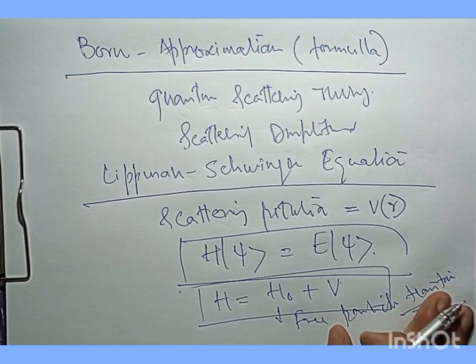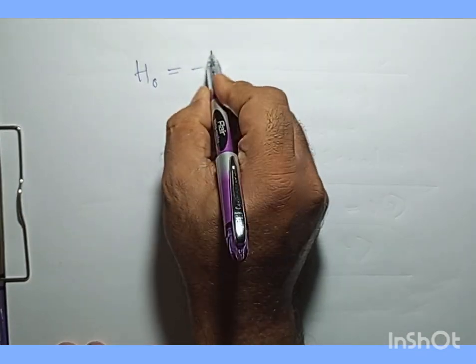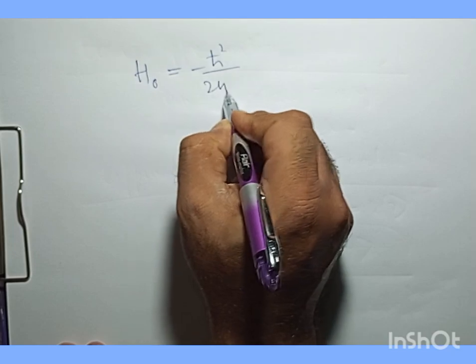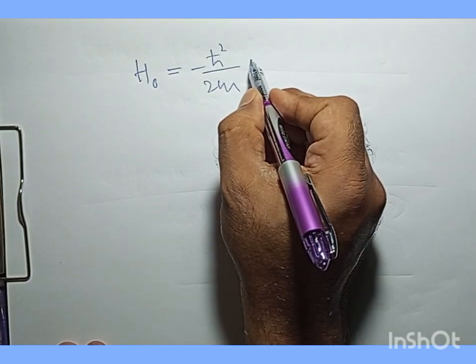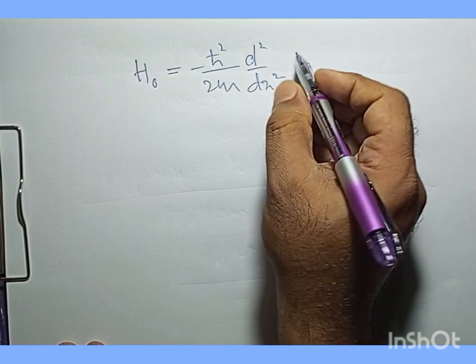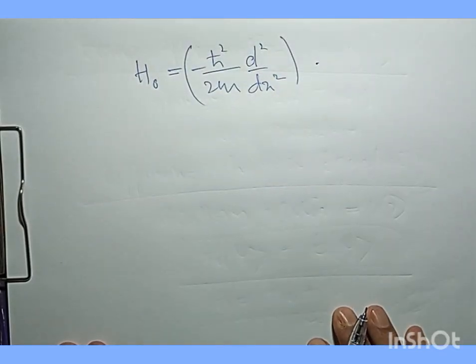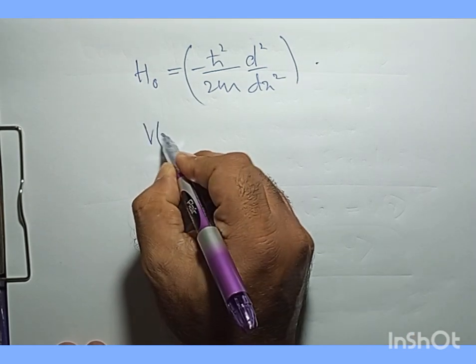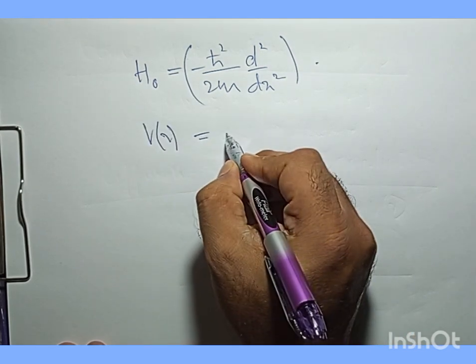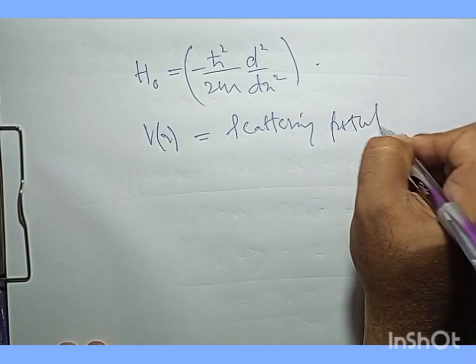So this H naught is nothing but h cross squared by 2m d2 by dx2, and this is my free particle Hamiltonian. And V of R is the scattering potential.